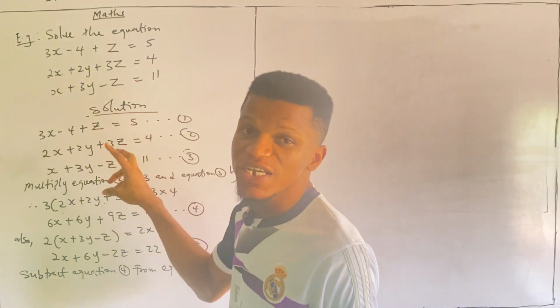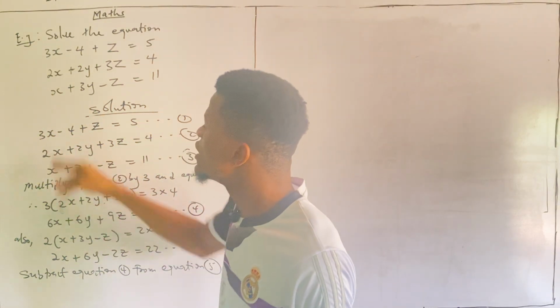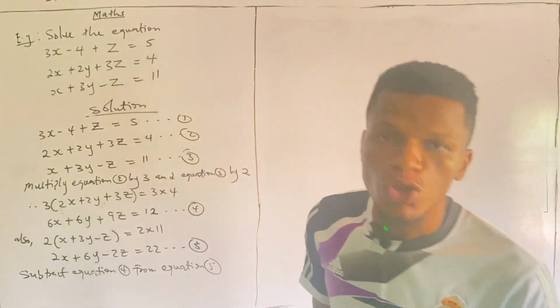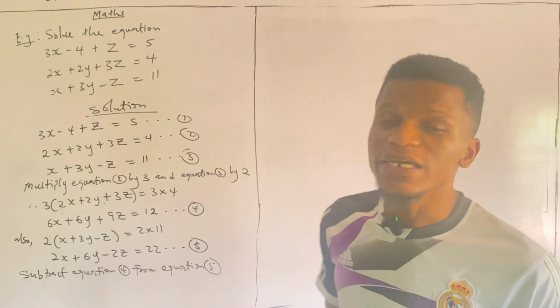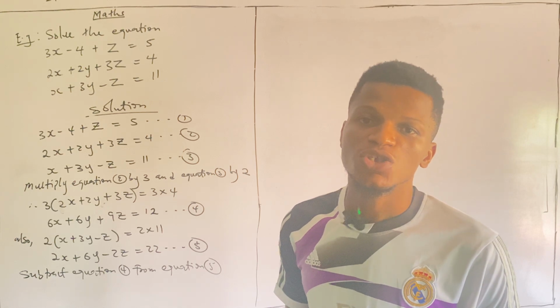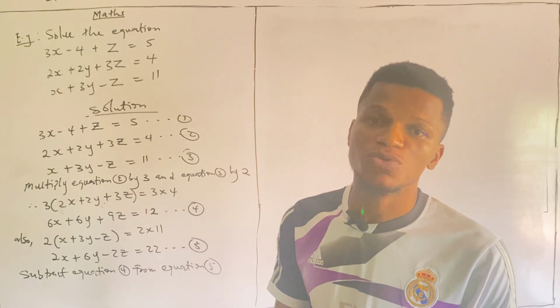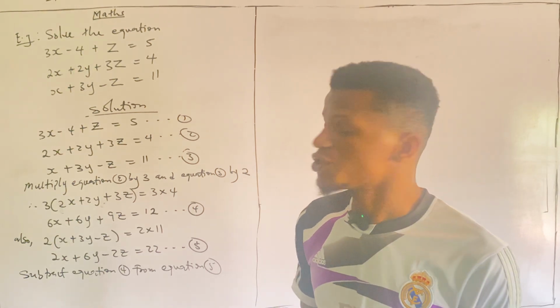So what I'm trying to say in essence is that for you to be able to eliminate any unknown, you have to make them have the same coefficient. So if they have the same coefficient, they will subtract from each other and they will vanish, right?